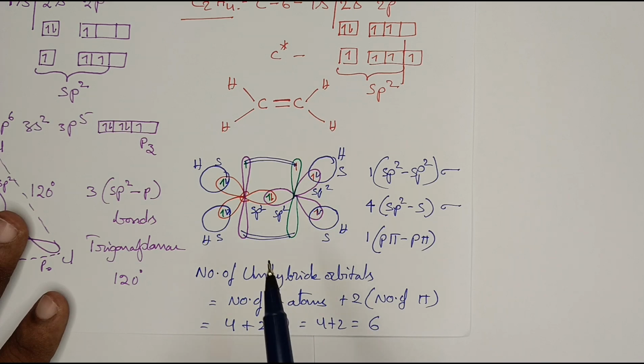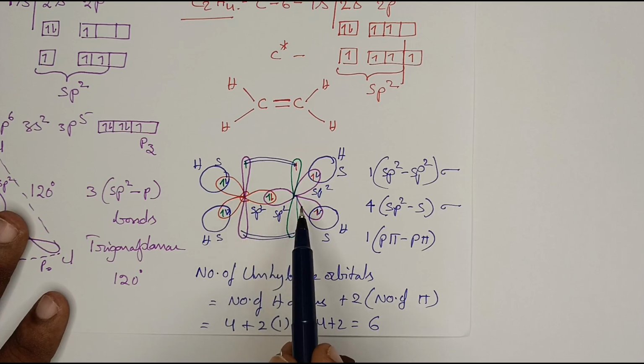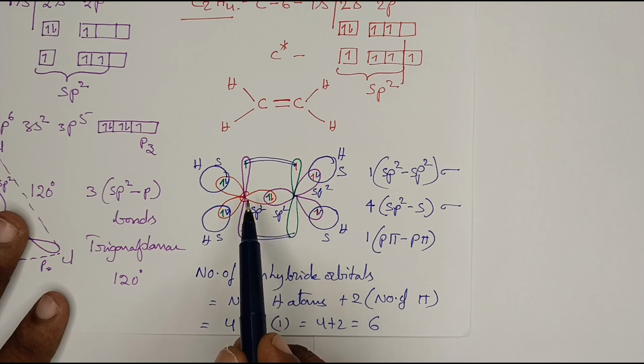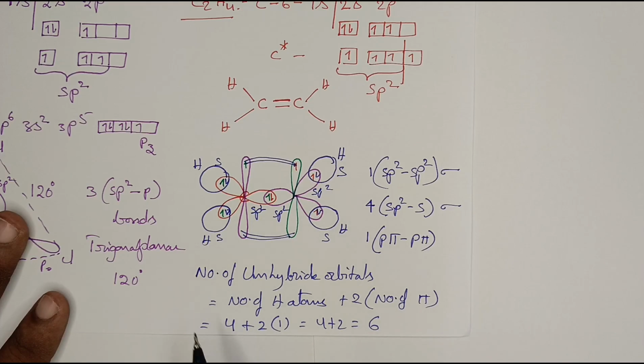So in this structure we have 6 unhybrid orbitals, and for the hybrid orbitals, in this carbon it is sp2 hybridization, and in this it is sp2 hybridization. sp2 means 3, sp2 means 3, so 3 plus 3, total number of hybrid orbitals is 6, and the total number of unhybrid orbitals is also 6.